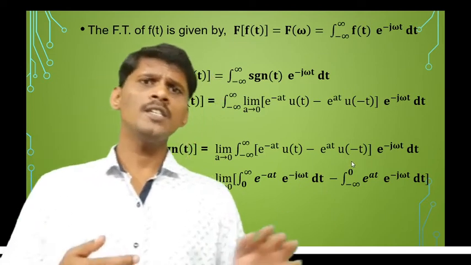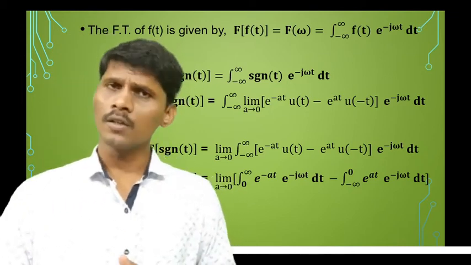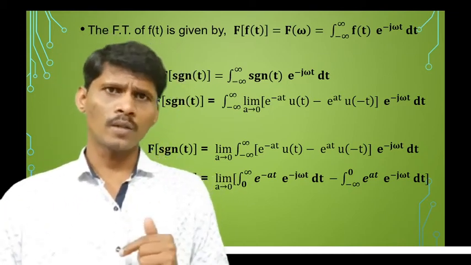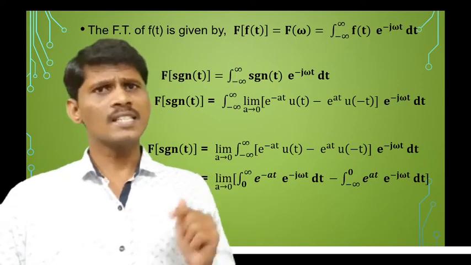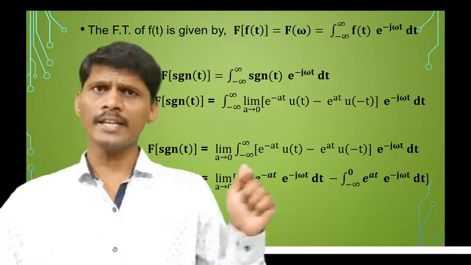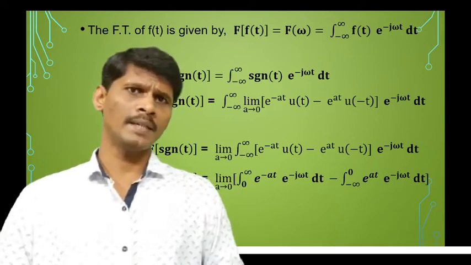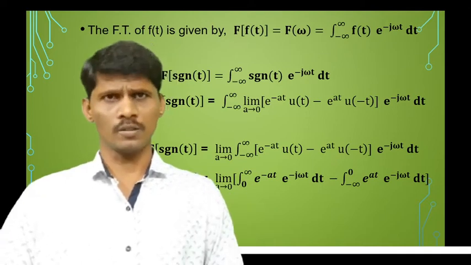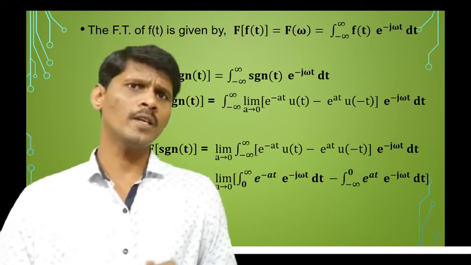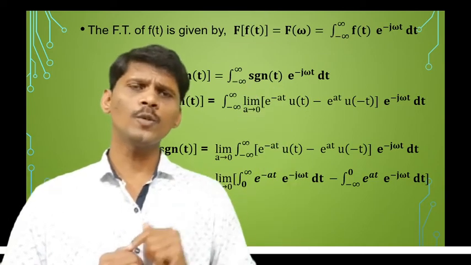u of minus t is a unit step signal. According to the definition of the unit step signal, u of minus t is 1 for minus t greater than or equal to 0. Minus t greater than or equal to 0 means t less than or equal to 0. So what is the range of t? t varies from minus infinity to 0.